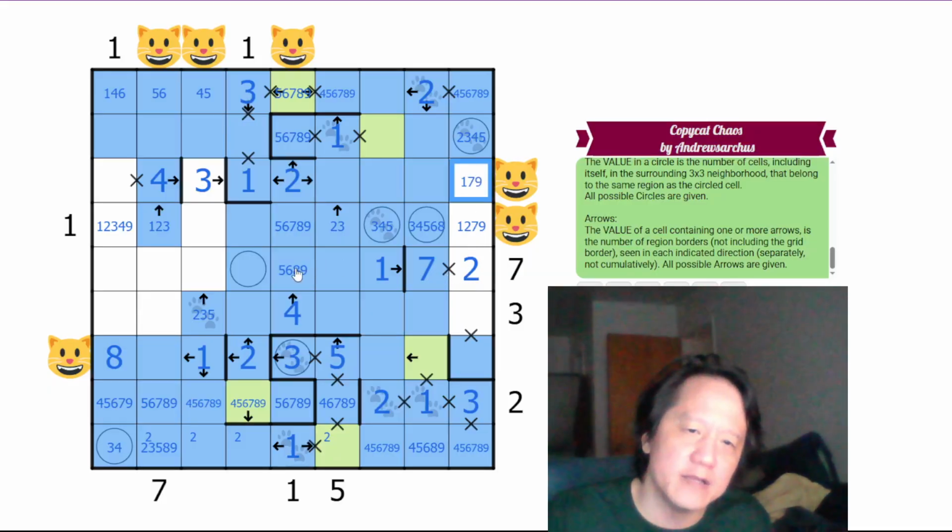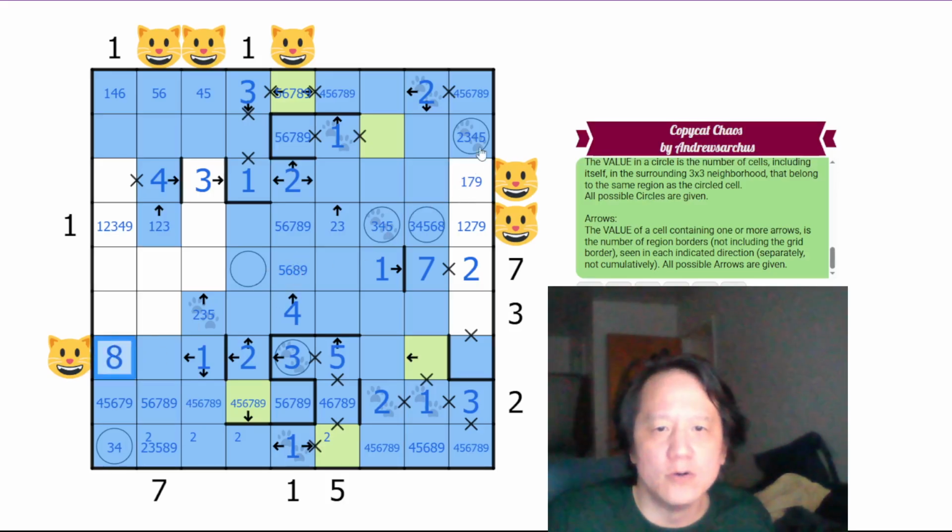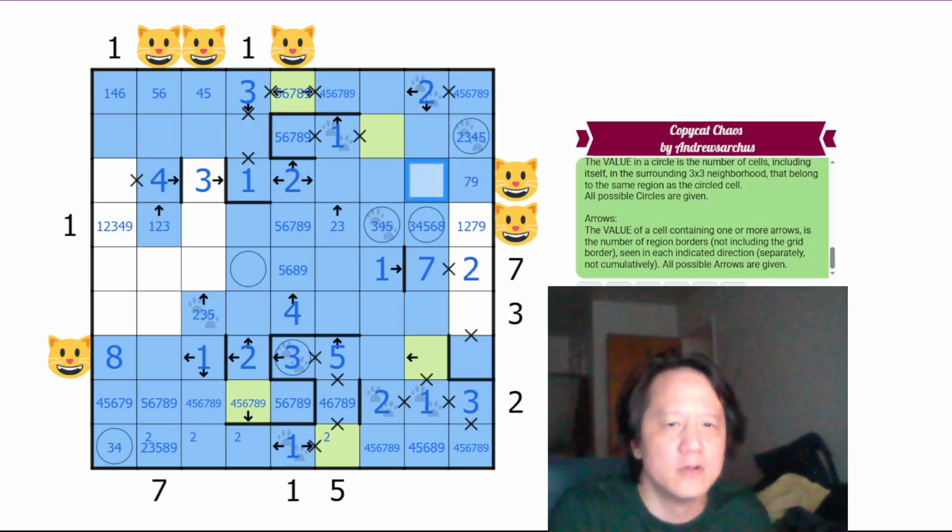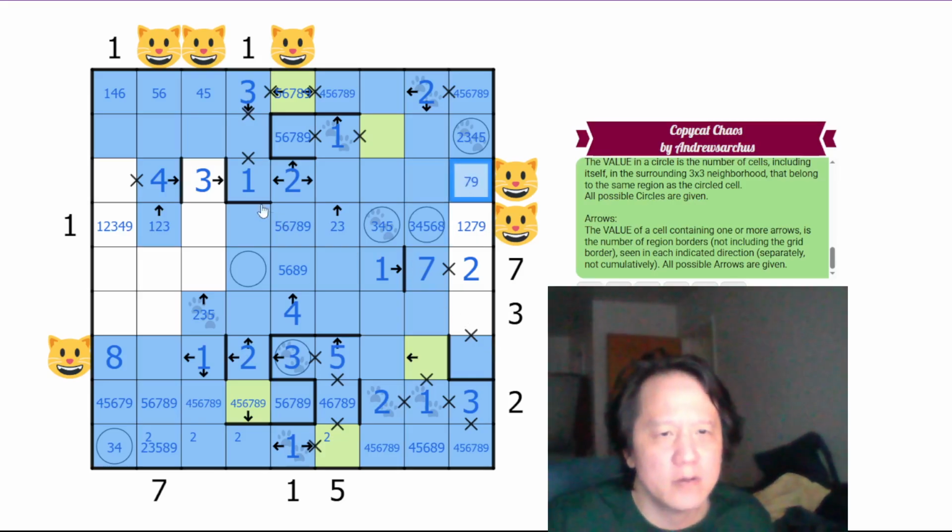That would be 8, right? So 3 down from the corner, which is 3 up from the corner. This cannot be the copycat. So it's either 7 or 9 here. Well, it could be 9, right? It could be 7 or it could be 9.